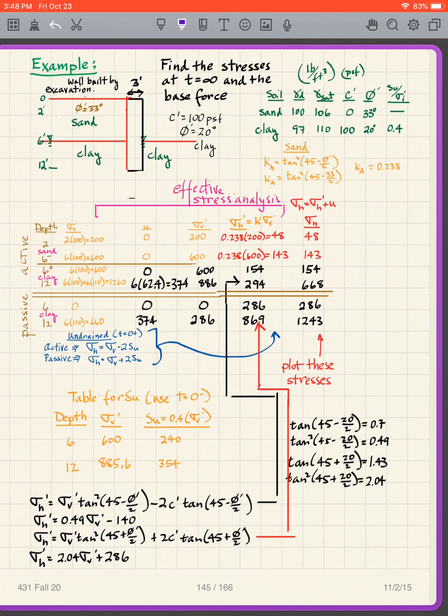In the passive region, again, you can get all the sigma v's, u's and sigma v primes. How do I get the sigma h prime? Well, now I apply the passive equation, which is the same thing, only with plus signs.